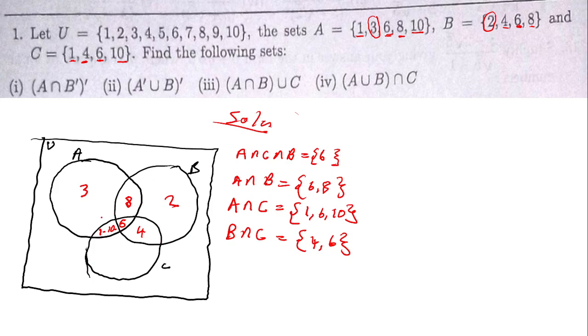So I'll start comparing. A 1 there I've already indicated, a 2 I've already indicated, a 3 I've already indicated, a 4 I've already indicated, a 5 I haven't indicated, so 5 will be outside. Then 6 I've already indicated, 7 I've not indicated, so 7 will be outside also.